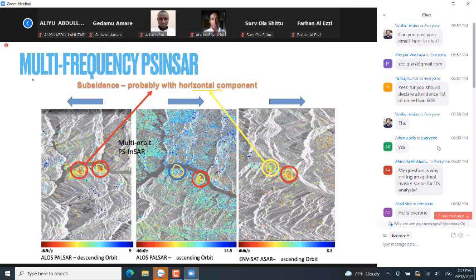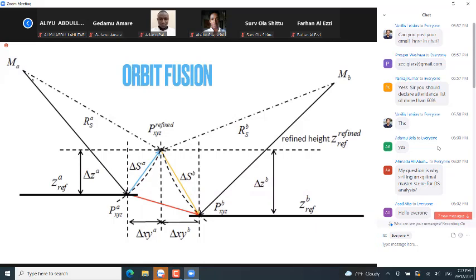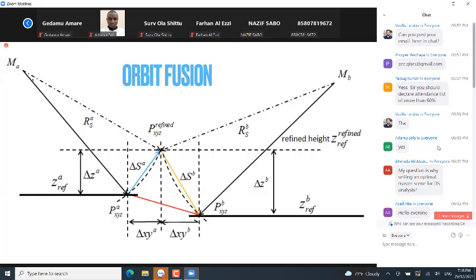All right. Okay, but if we want to really fuse these points, move one step further than just visually analyzing it, really fusing the different orbits, that is not that simple, okay? Because we process them differently. Both data sets are processed differently.